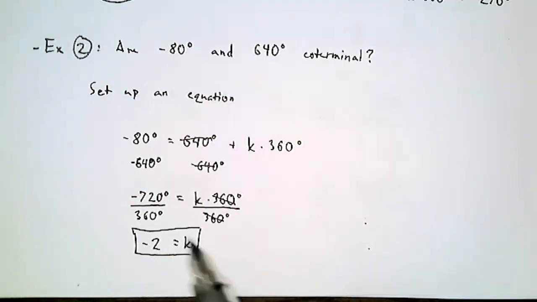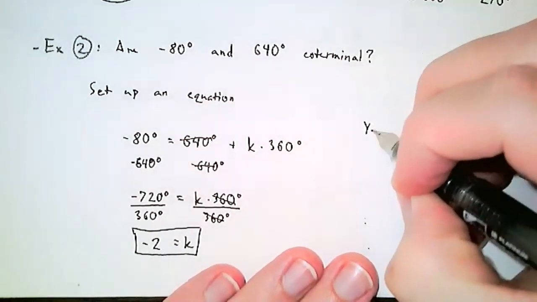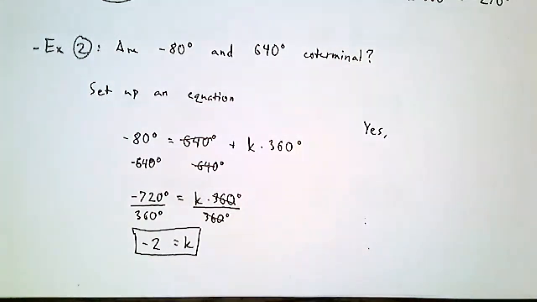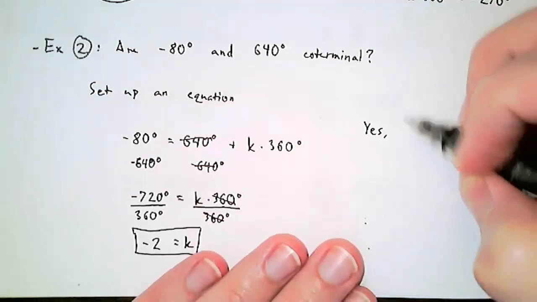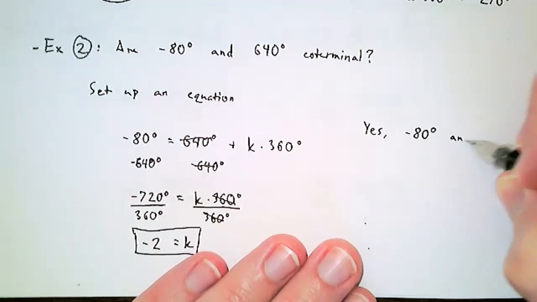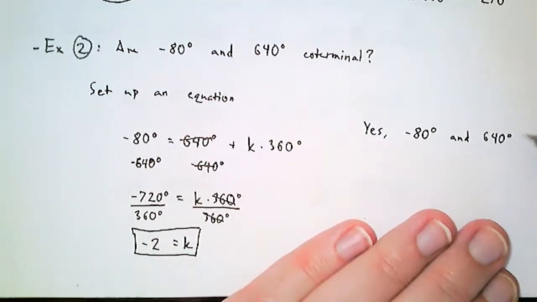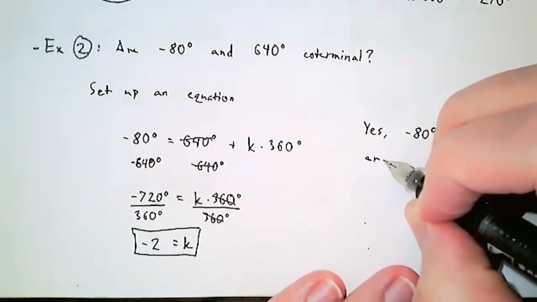So the actual number itself doesn't really matter when we're trying to answer this question, just the fact that it's a whole number. That's all we need. So if we wanted to answer the question, we could say yes, minus 80 and 640 degrees are coterminal.